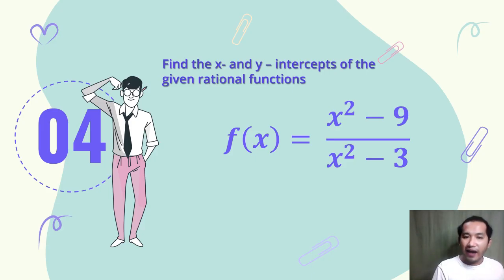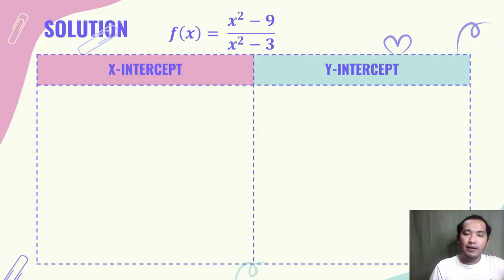Okay, again, find the x and y-intercept of the given rational function. That is, f(x) = (x² - 9)/(x² - 3). So again, the first step is to equate the function to 0.